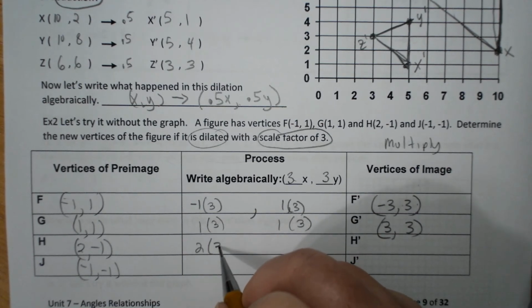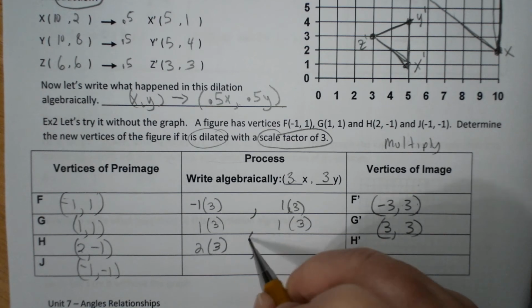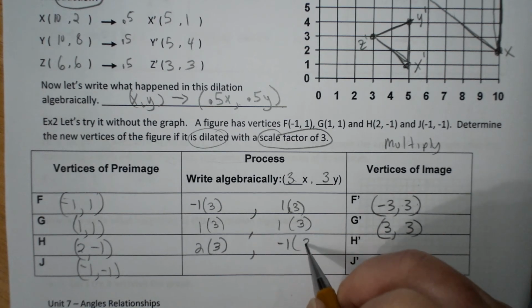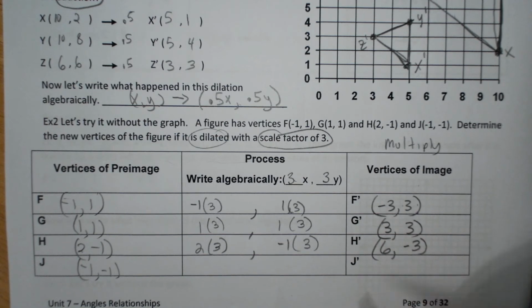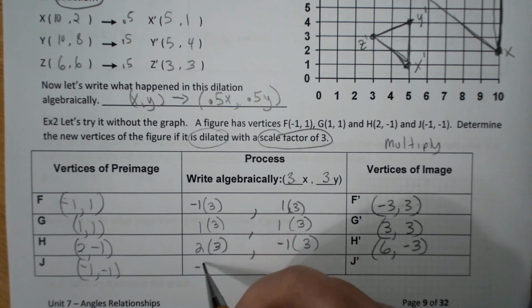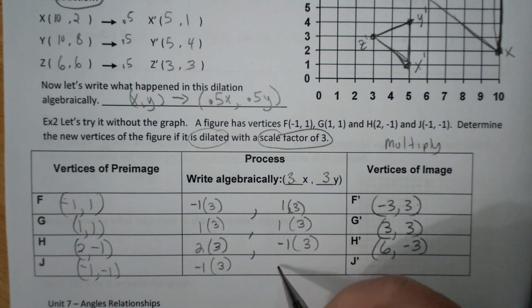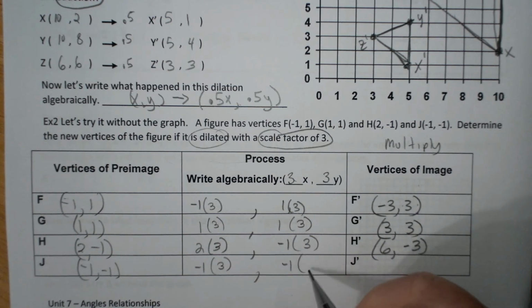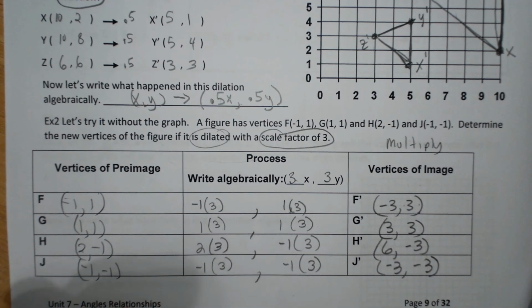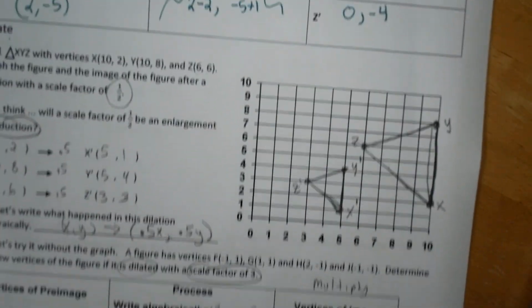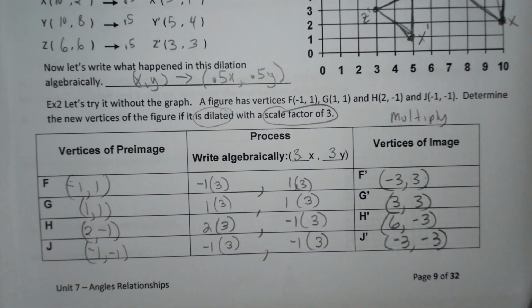And 2, multiply it by 3, and my Y value, and multiply it by 3, and have 6, comma -3. And then I'm going to take -1, multiply by 3, and -1 and multiply by 3, and get -3, comma -3. And that is dilation, and you've already done it.